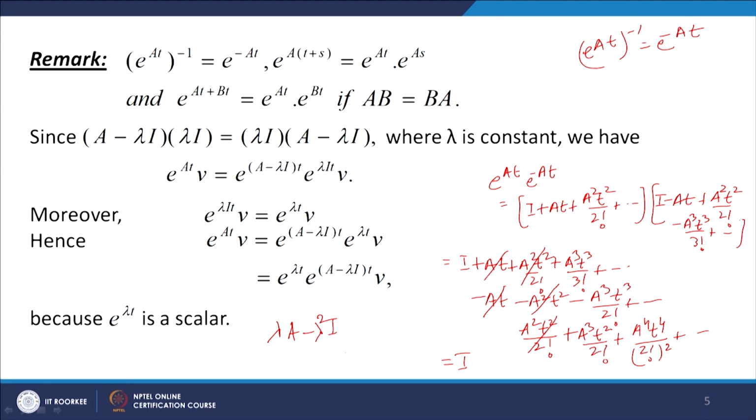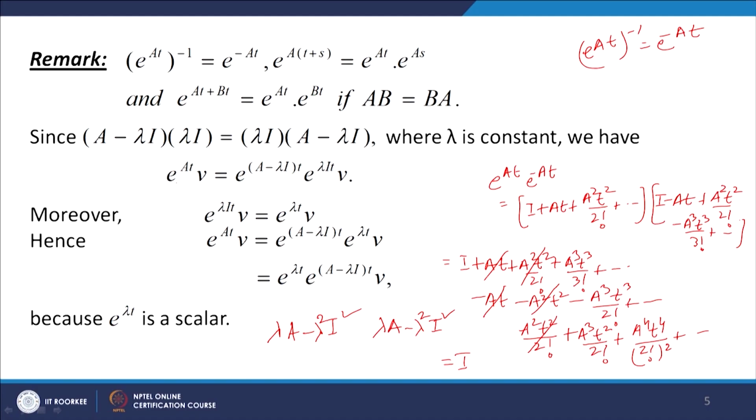Lambda I into a, that is lambda into a, and then minus lambda I into lambda I is minus lambda square I square. So, lambda square I. So, left hand side and right hand side are same. So, a minus lambda I into lambda I is equal to lambda I into a minus lambda I. So, a minus lambda I and lambda I commute, where lambda is constant.